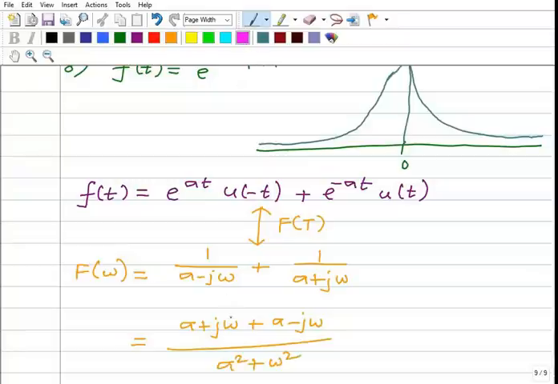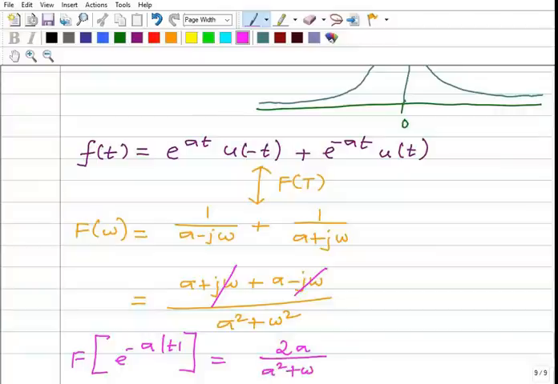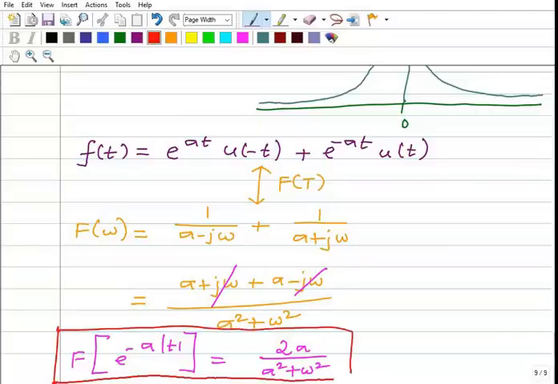So the j omega terms cancel. So the Fourier transform of e power minus a absolute t is equal to 2a over a square plus omega square. Okay.